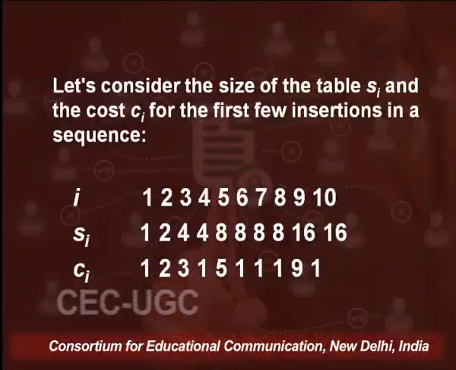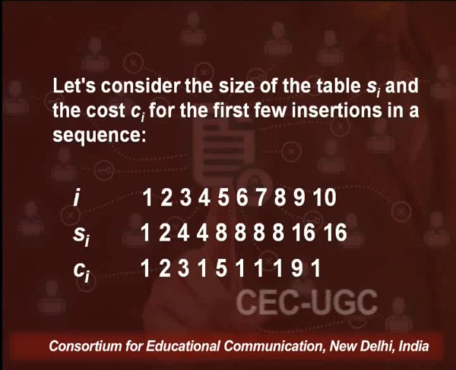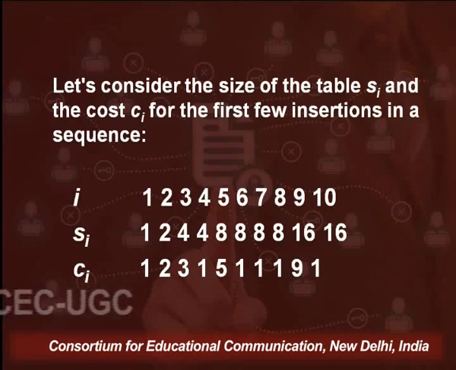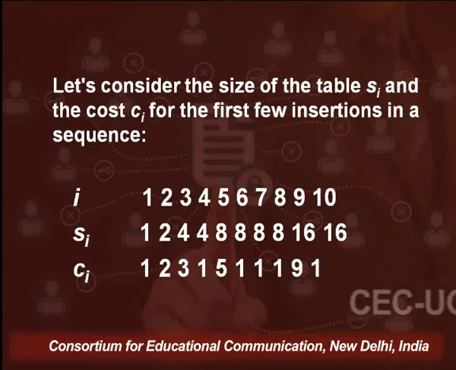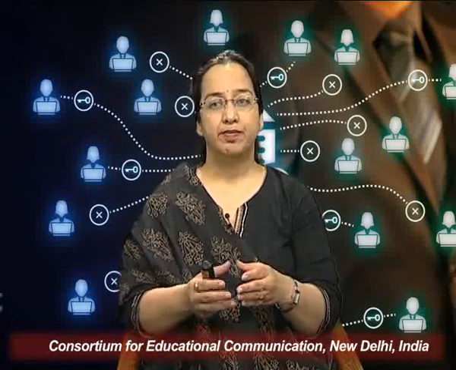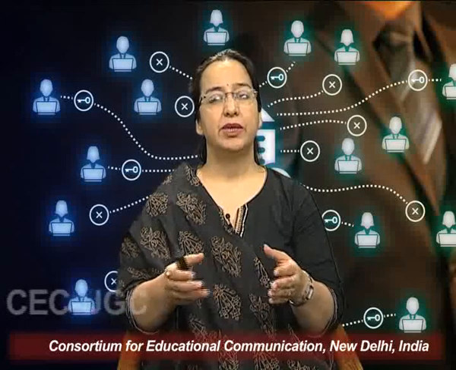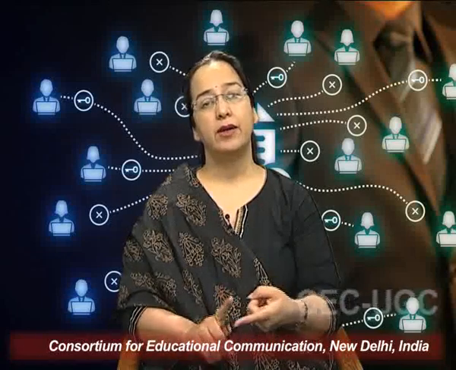So Ci, if you look at the last row, we have 1, we have 2, 3, then we have 1, we have 5, then 1, 1, 1, then we have 9, and then we have 1. So this cost can be captured in terms of two sequences. One which is going to give me the value of 1 only, another one which is going to give me the values other than 1, which are 2, 3, 5 and 9.